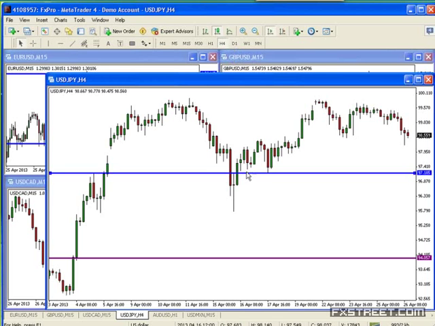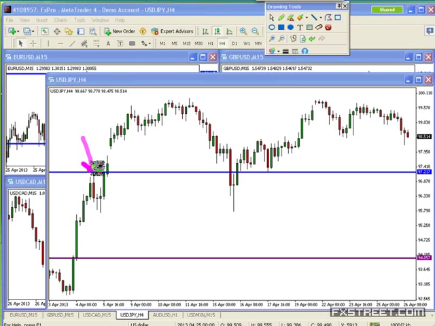The 97.20 zone looks interesting. There's prospective support for the dollar-yen. Don't know if we'll get there or not in response to news, but that's a possibility. I saw 97.20 because of that high and that low. Perhaps there are other reasons for that as well.